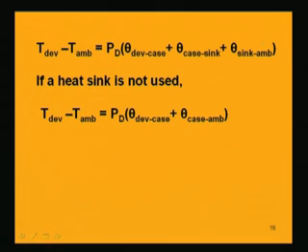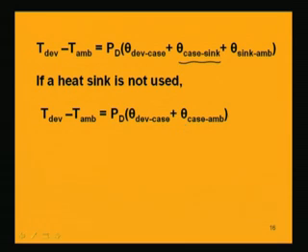If a heat sink is not used, then of course there will be the power flow from the device to the case and the case to the ambient air, because the in-between stage, that is from case to the heat sink, will not be there. This is not applicable when a heat sink is not used.